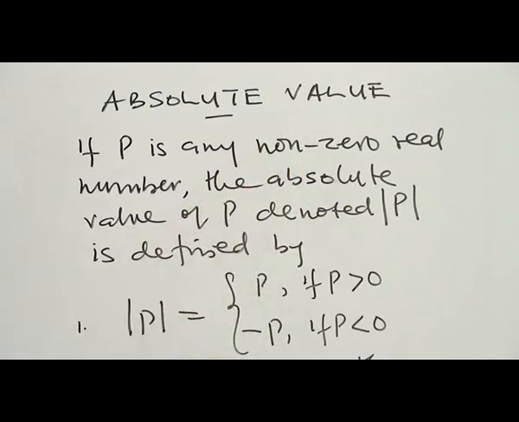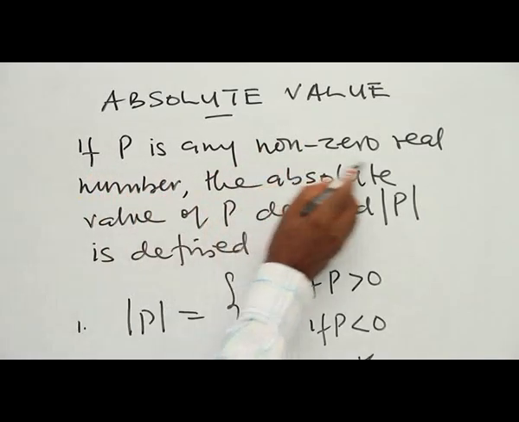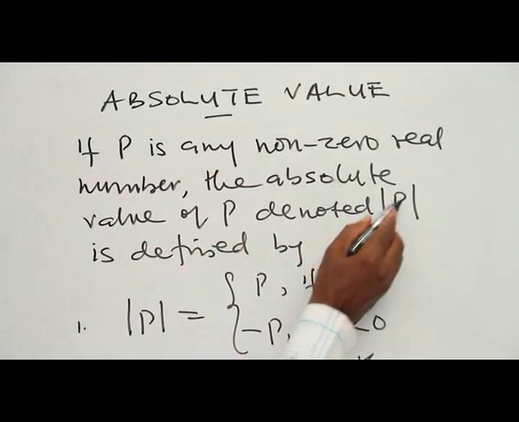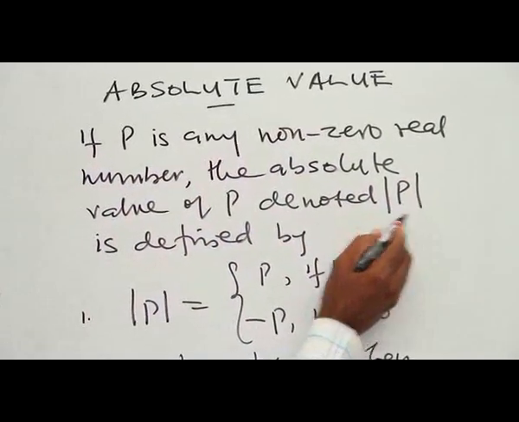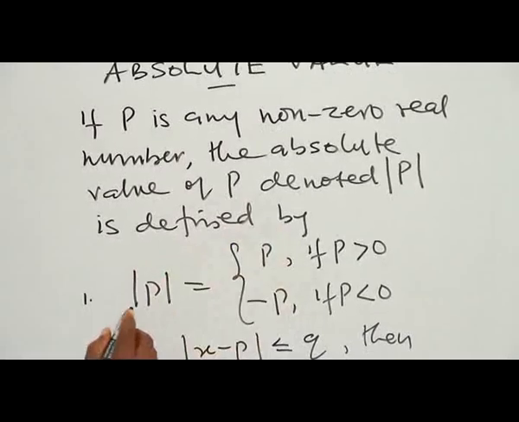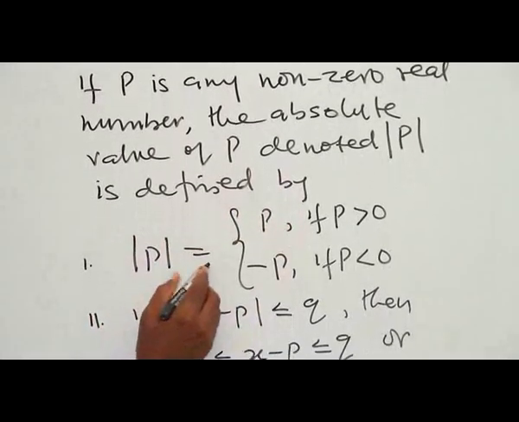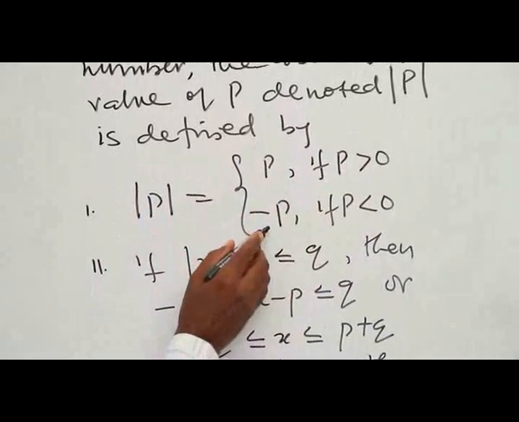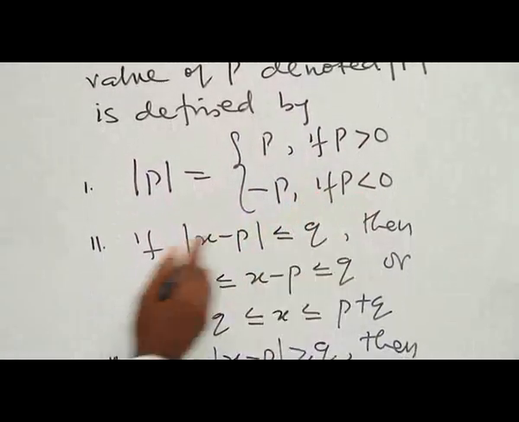Absolute value. If p is any non-zero real number, the absolute value of p, denoted absolute value of p or modulus p, is defined by the modulus of p equal to p if p is greater than 0, or minus p if p is less than 0.